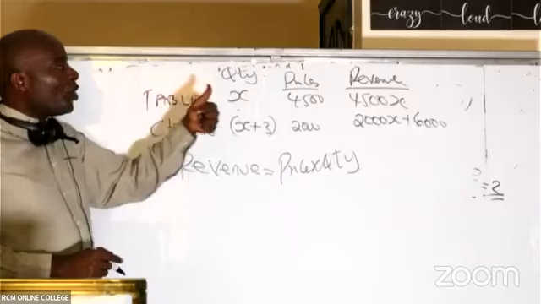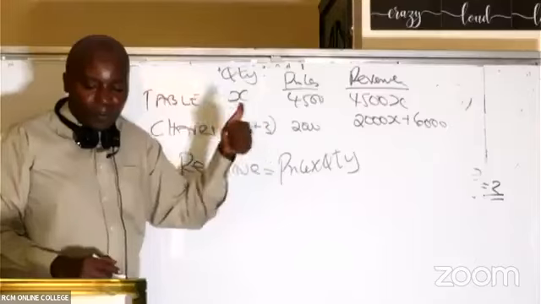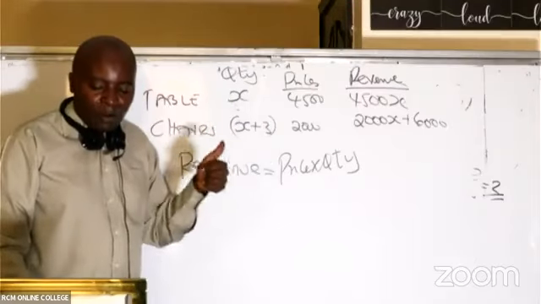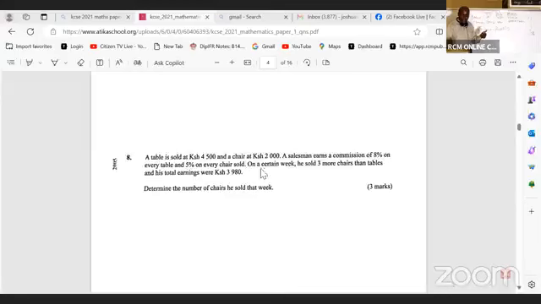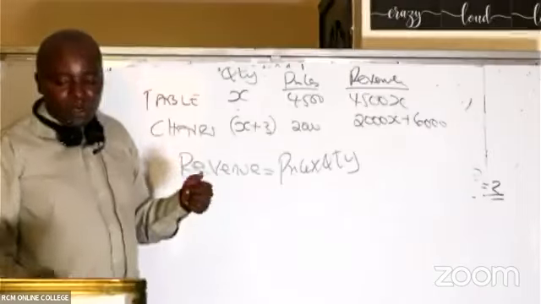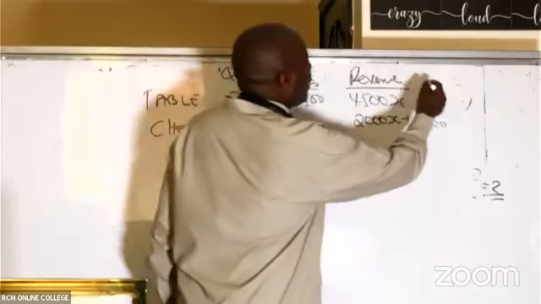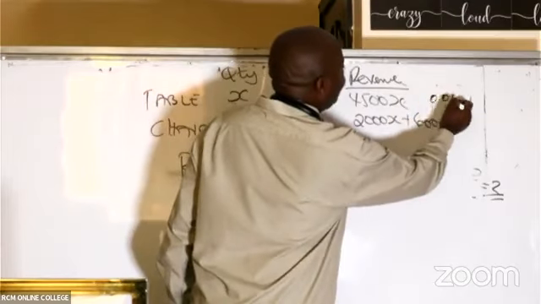And then from there now we go and pay commissions. Are they able to remember the commission of tables? A salesman earns a commission of 8% on every table and 5% on every chair sold. So you know 8 over 100 is the same as what here? 0.08.